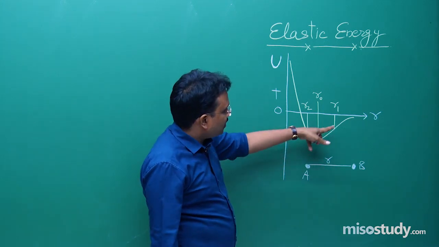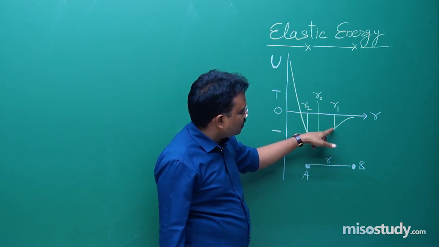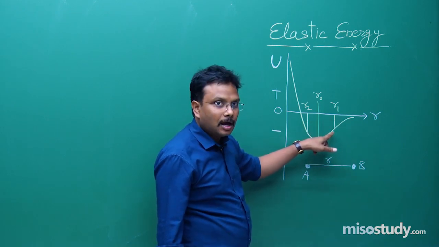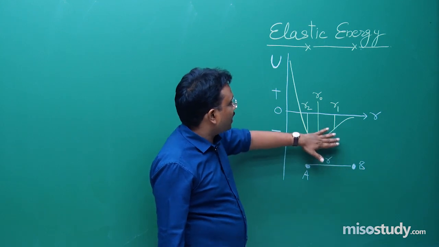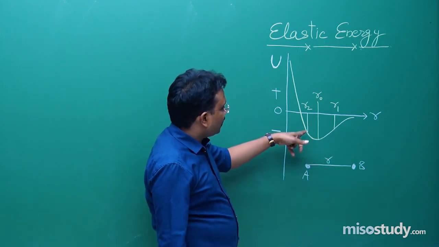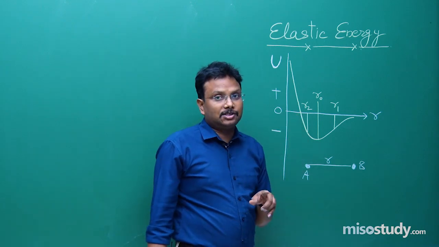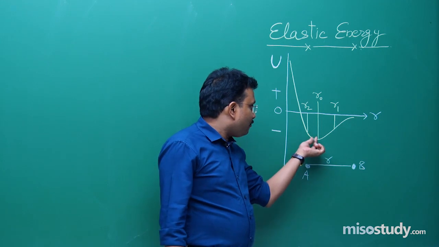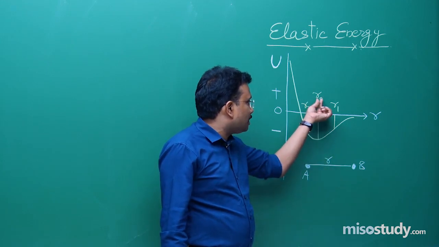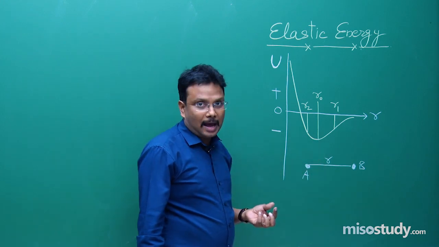Now, you can easily find out if the distance between the molecules is increasing. As R is increasing, this energy is decreasing. Moreover, if the distance between the molecules is decreasing, then also the energy is decreasing. And for a specific value which I mentioned with R naught, the energy is maximum.